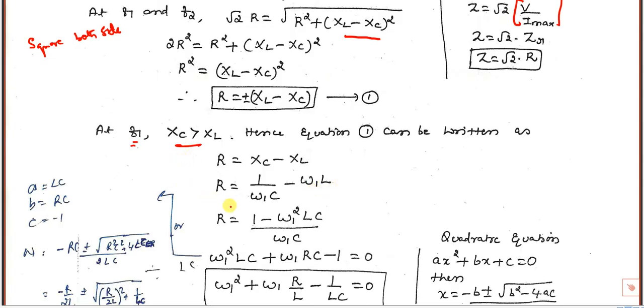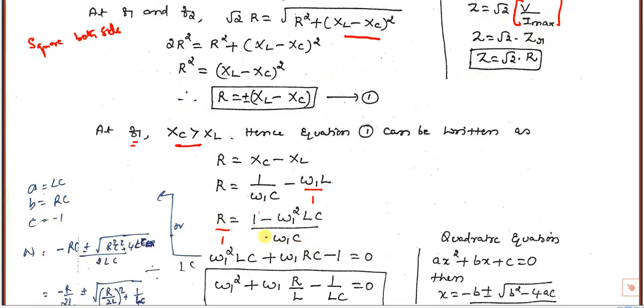Then next, R is equal to, take the LCM, which is omega 1 C. Cross multiply: 1 into 1 is 1, and omega 1 L into omega 1 C is omega 1 square LC. After that, cross multiply again.